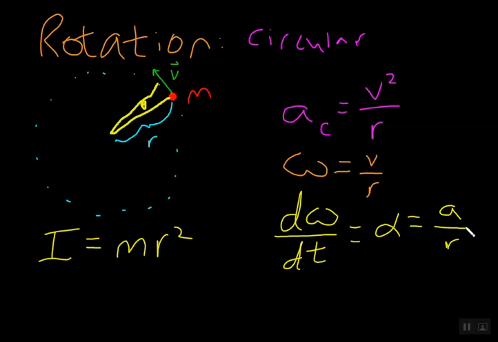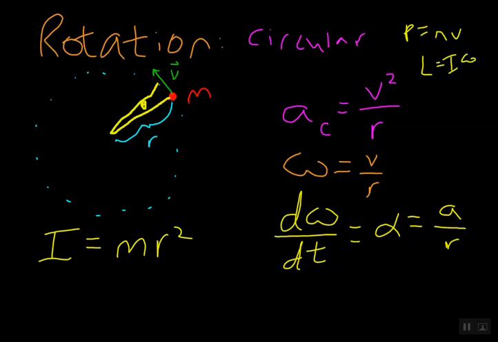Which makes it interesting, if we have momentum now. Omega is v over r. Omega is the rotational analog for velocity. So just like we have p equals mv, we can have L, which is angular momentum, equals I omega.